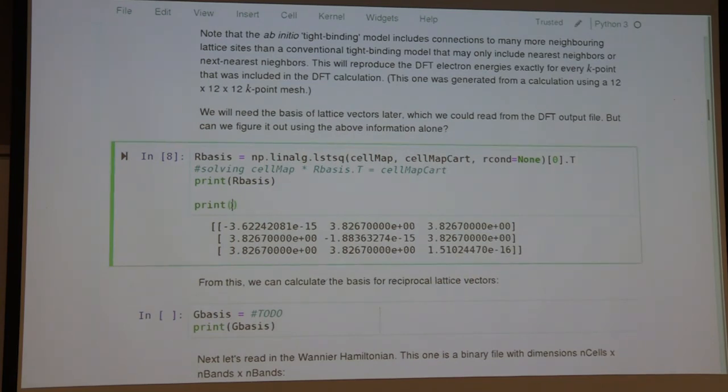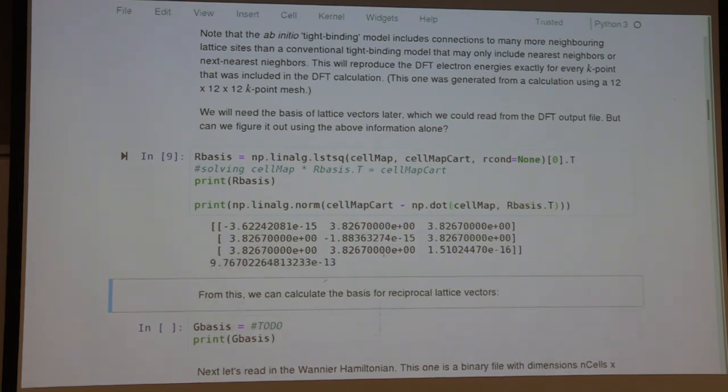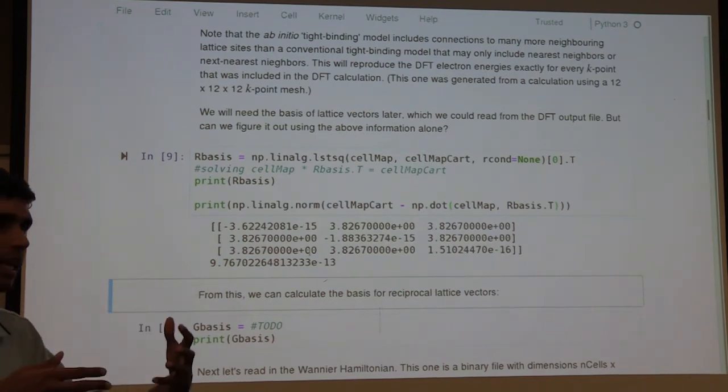We can look at the difference between cell map Cartesian and this matrix product. And you can see that's basically 0 to numerical precision. So the system was exactly satisfied.